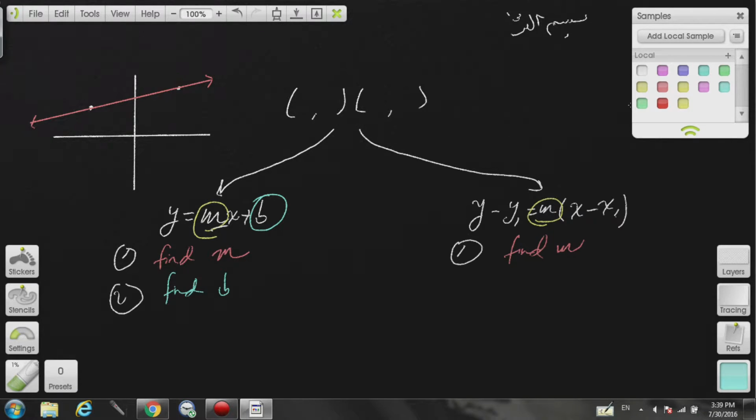And the second step here is you're done. Once you find the slope, you just substitute one of these points here, and you're done. And if you didn't want to change this to a standard form, you take one of these forms and change that into the standard form. That's just a review of how you find equations of lines.